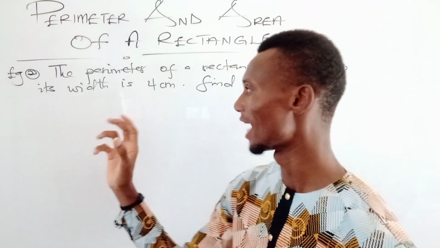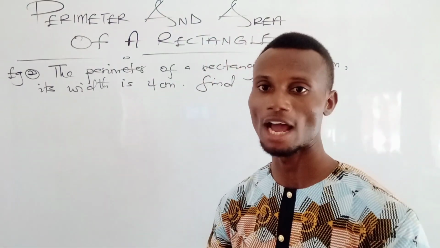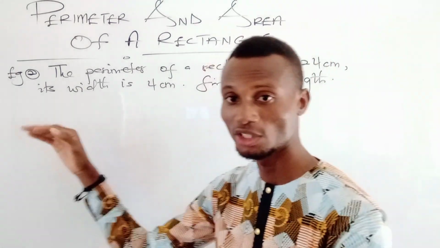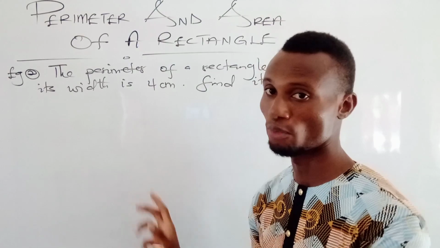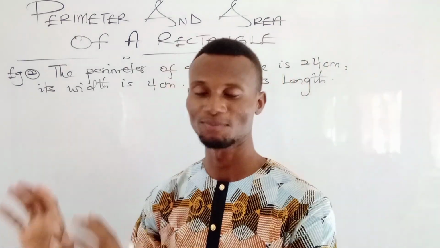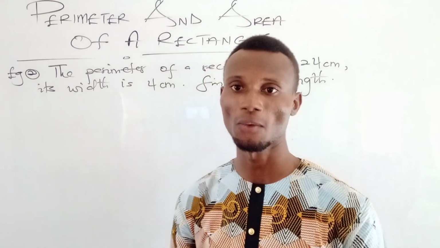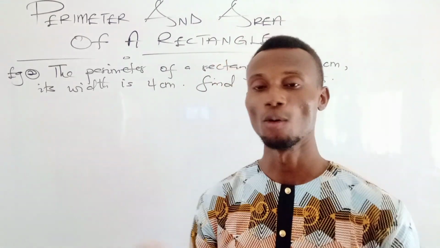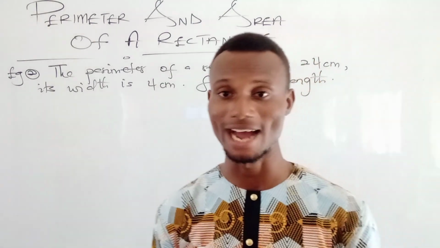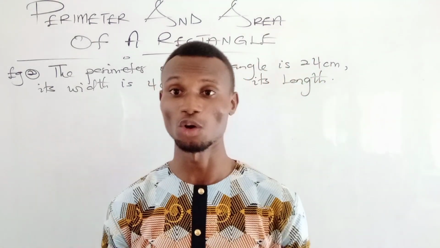After reading, you extract all the information down. I'm showing you the steps to handle word problem questions of this nature. The first step is to read the question and understand what the question is saying. Now most students think word problem questions of this nature are difficult, but actually it's not true.